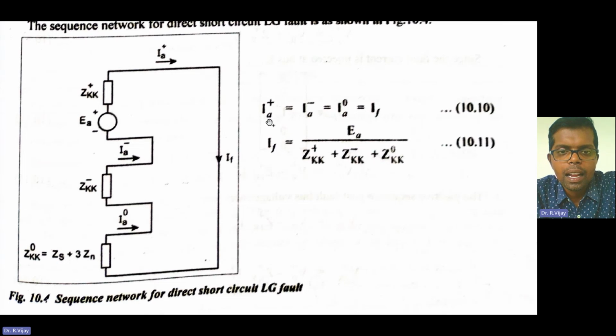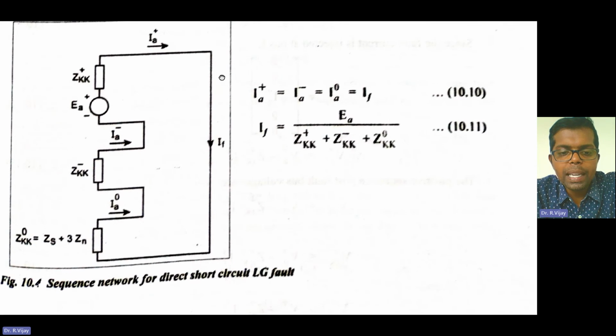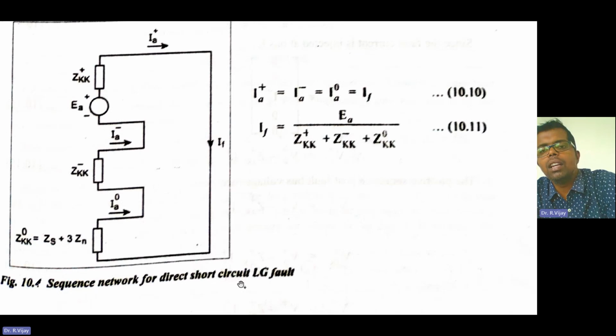Here you see IA positive is equal to IA negative is equal to IA zero, which equals IF divided by 3. Here IF is equal to 3 EA divided by ZKK positive plus ZKK negative plus ZKK zero. Whereas in the previous case the fault impedance was there, here the fault impedance is not there, because this is the sequence network for the direct short circuit line to ground fault.